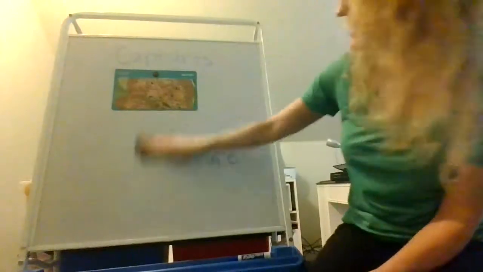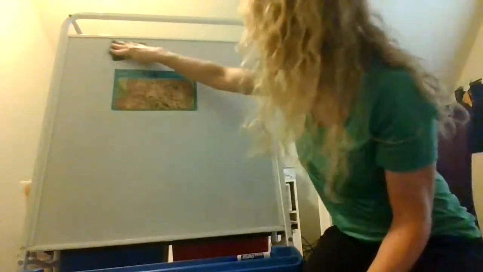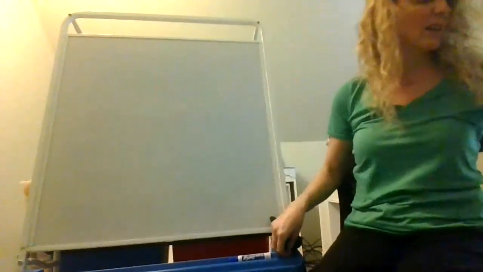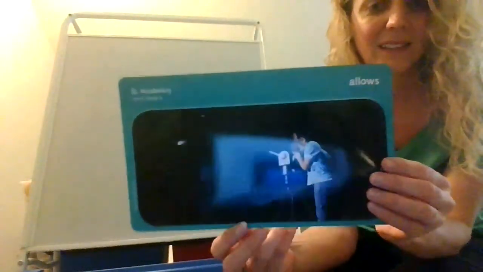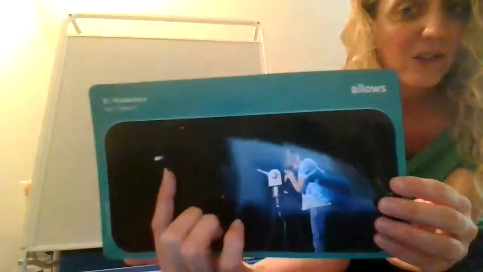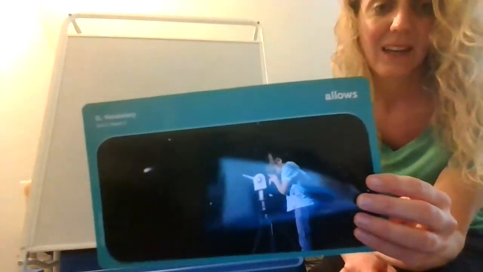All right, let's move on to our third word today. That word is allows. Can you say allows? Allows means that you let someone do something. So in this picture, it says, the telescope allows me to see the stars up close.